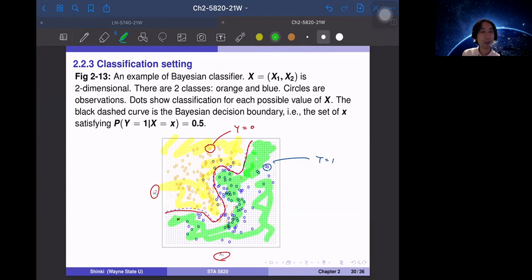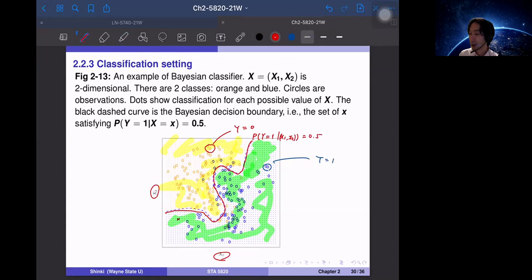It does not explain how this model was developed, but conceptually we have this boundary. On the boundary, the probability of y is equal to 1 is equal to 0.5, given x1 and x2.